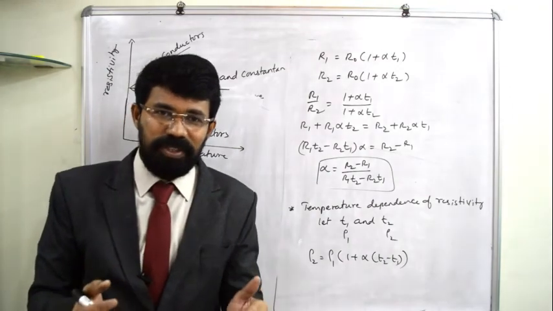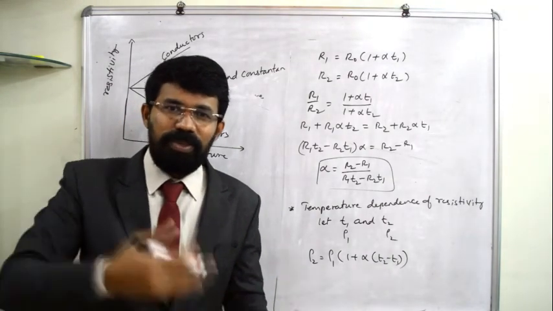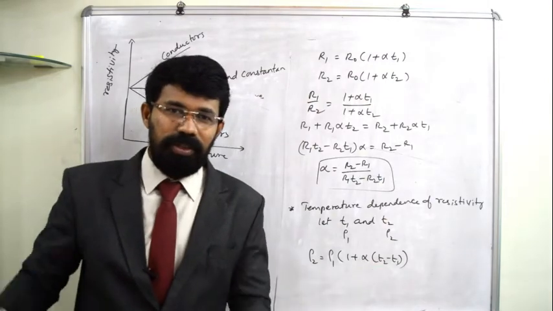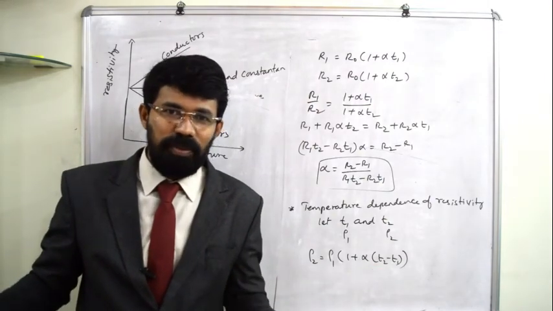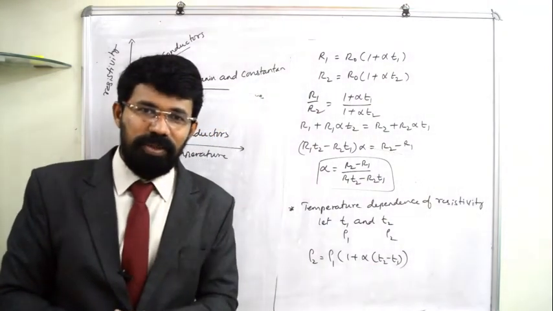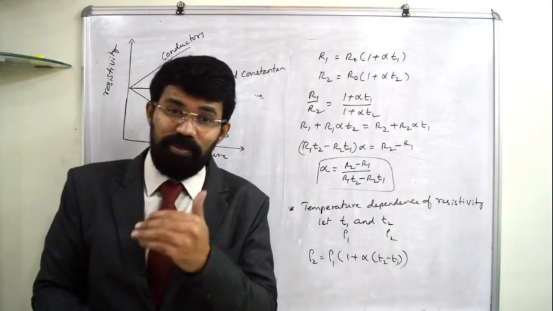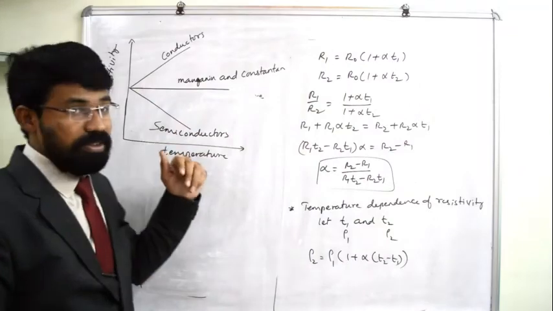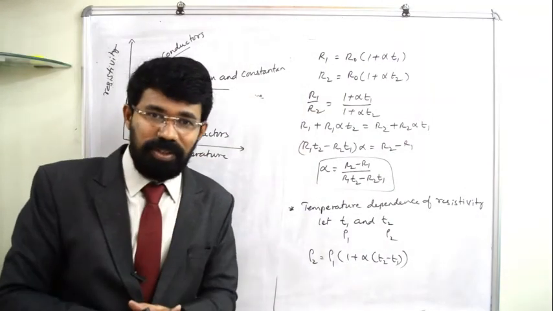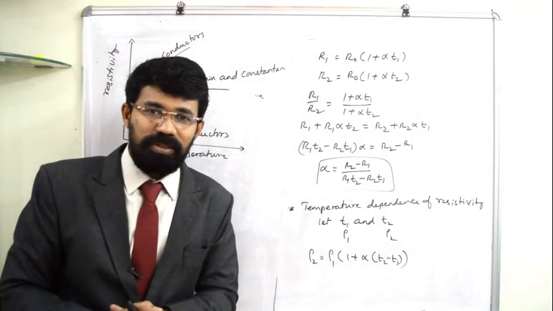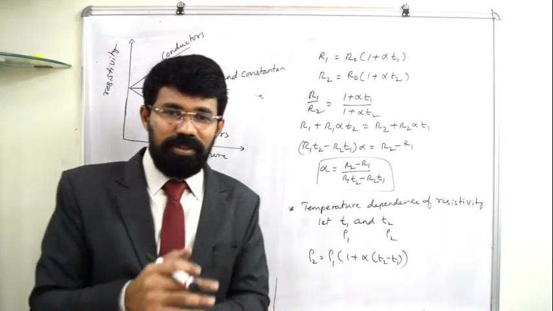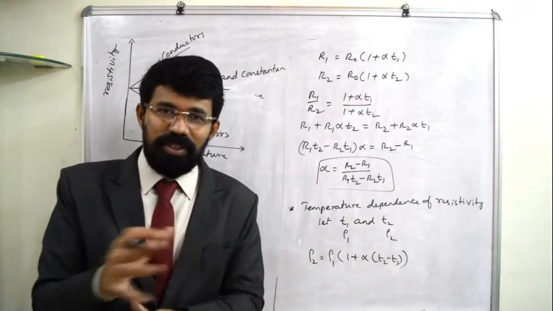When you are dealing with a standard resistor in the laboratory, and there are temperature fluctuations, for example when you switch on the AC, or on a hot summer day if you are doing an experiment without any AC, there will be a rise in temperature from morning to afternoon. If that rise in temperature can influence the resistance of whatever resistor you are using, then you will be in trouble. We will not be able to see any systematic data.